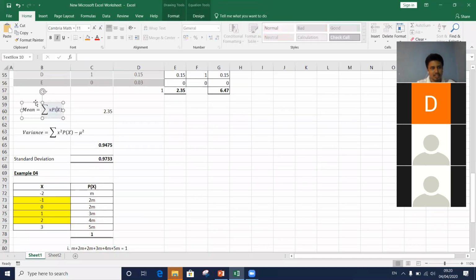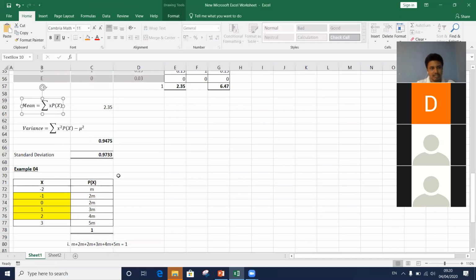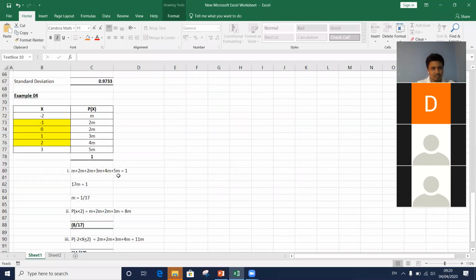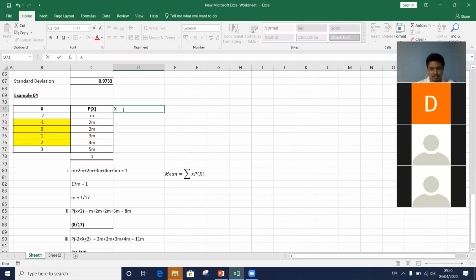Right. Again, we need to find the mean and the standard deviation. Mean value is x into P(x). X we need to multiply by the probabilities of x.